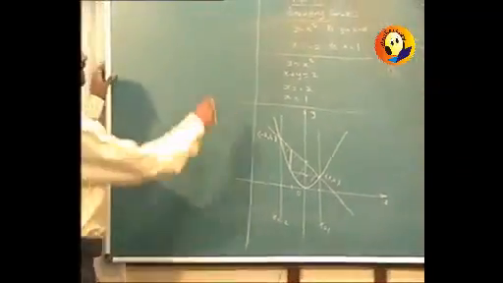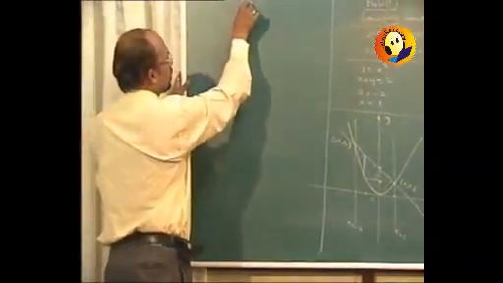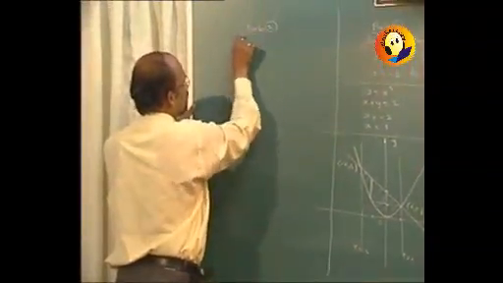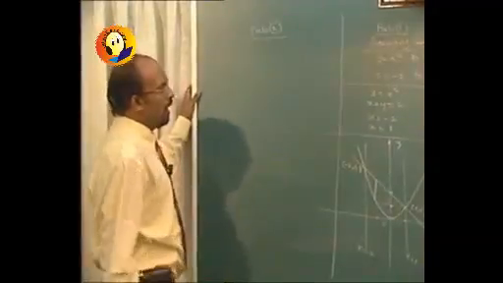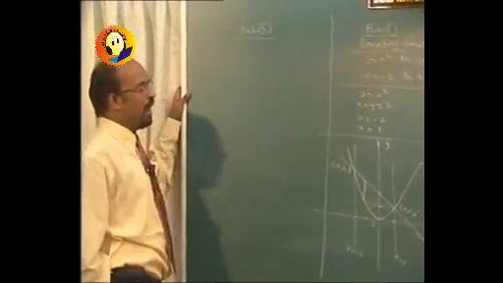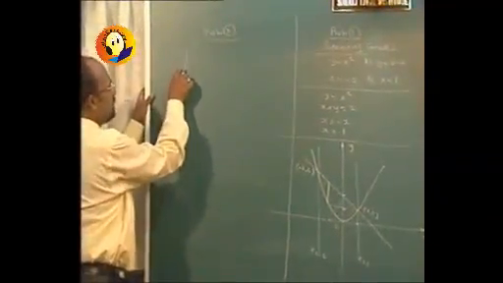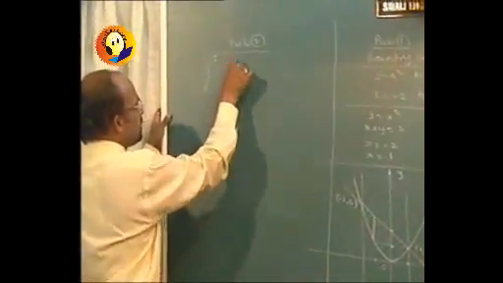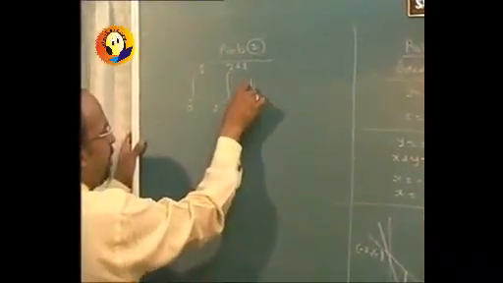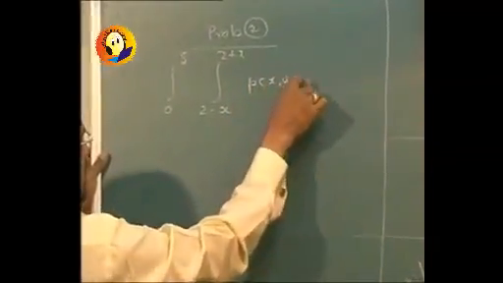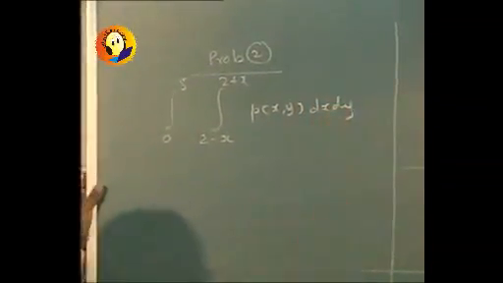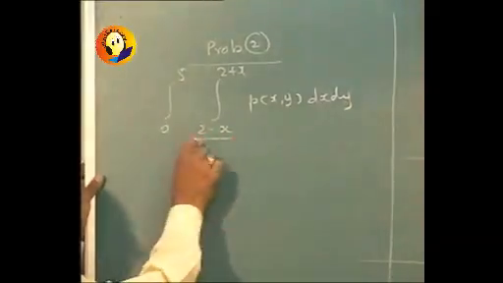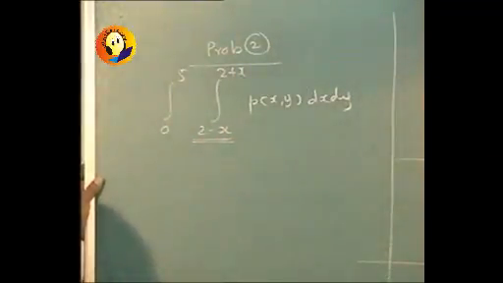As we proceed to the second problem, again observe that the problem is like this: integral 0 to 5, integral 2 minus x to 2 plus x, p of x comma y dx dy. Limits are in terms of x, so strips are taken parallel to the y axis.